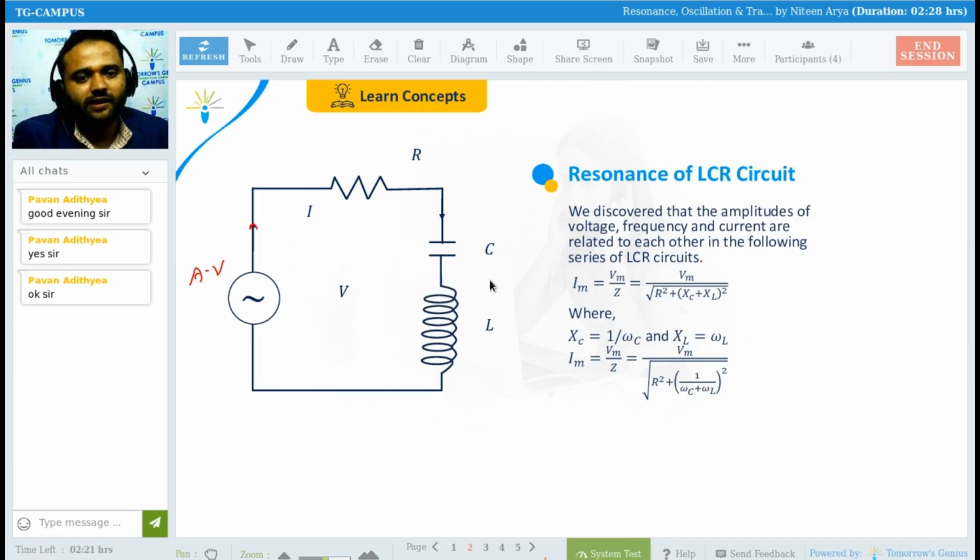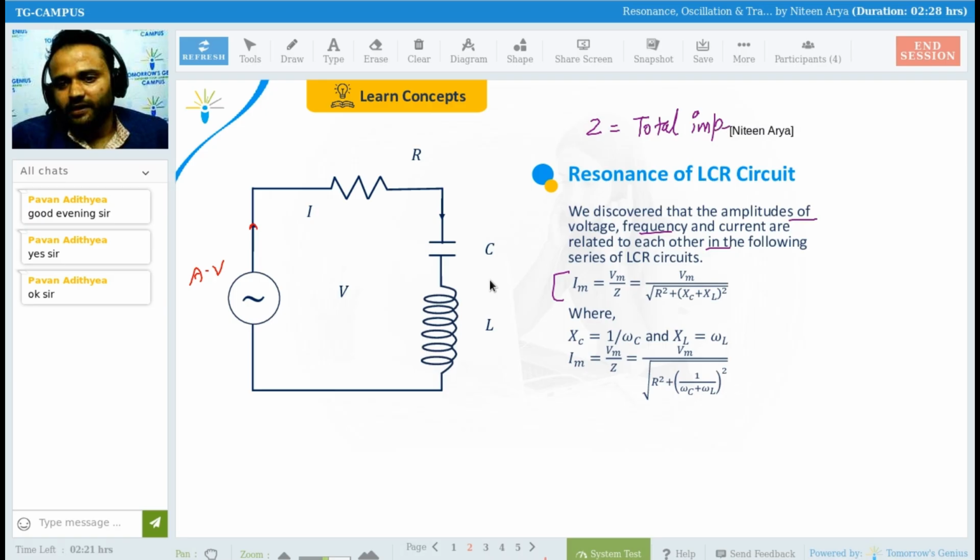We discussed this in great detail in the previous class. So what is the resonance of an LCR circuit? We discovered that the amplitudes of voltage, frequency and current are related to each other in the series LCR circuit, where Im, the maximum or peak value of current, is Vm by Z. Z is the net, total impedance, which is basically a kind of resistance.